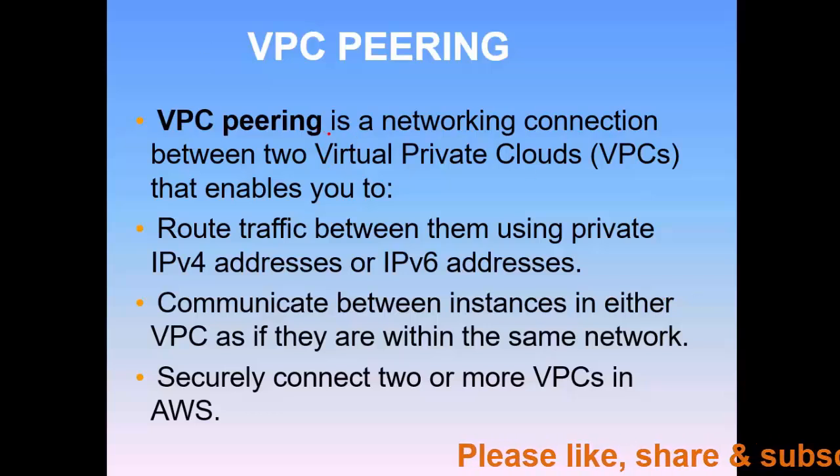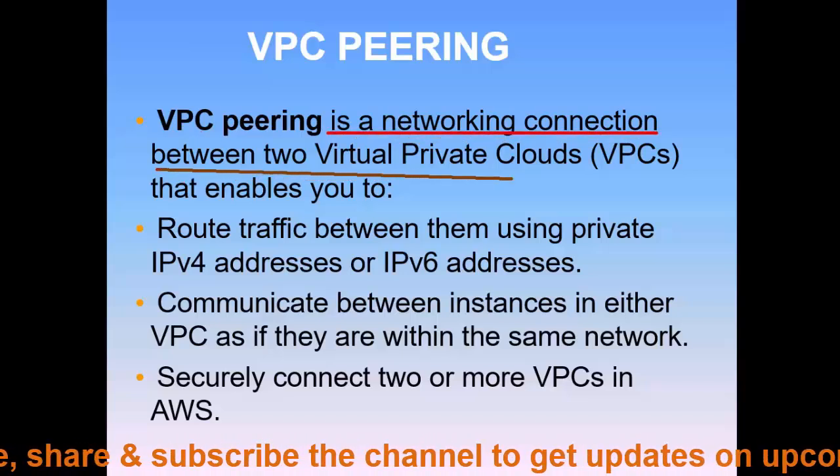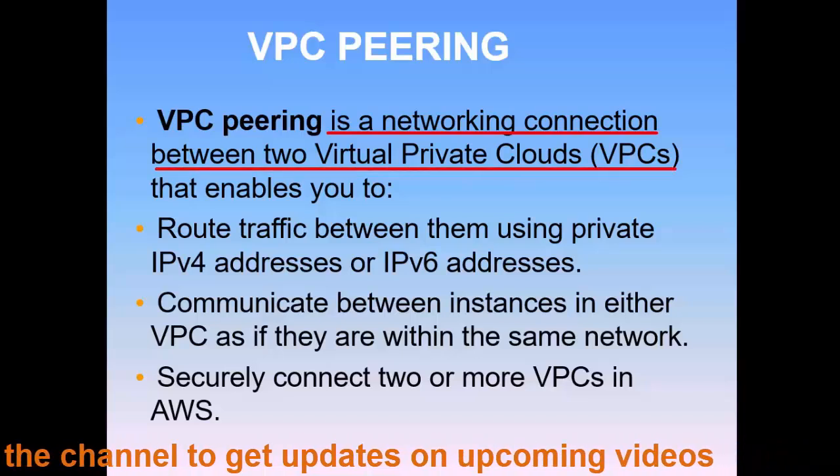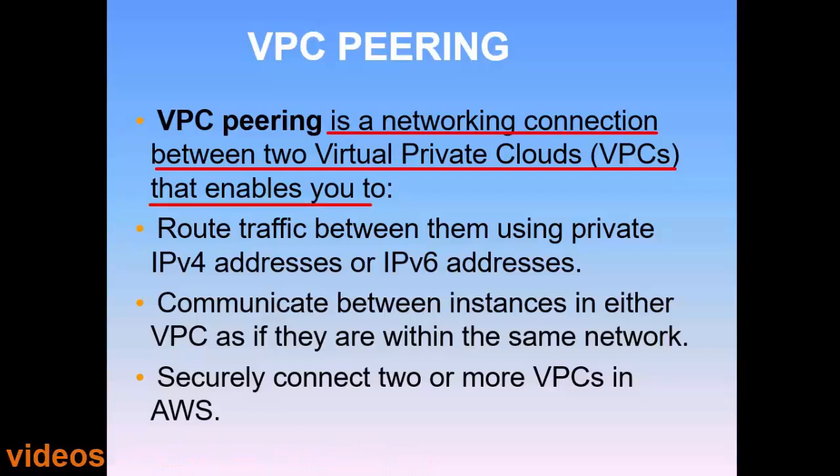Peering is a network connection between two virtual private clouds that enables you to route the traffic between VPCs. Normally we can do that using the public IP. But here, what is the benefit? Peering uses private IP version 4 addresses or IP version 6 addresses.